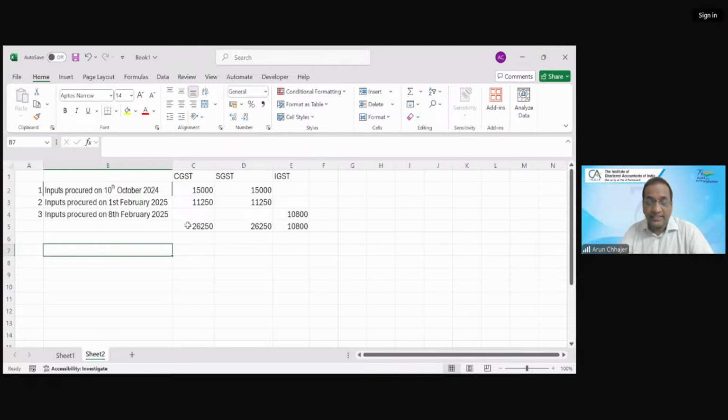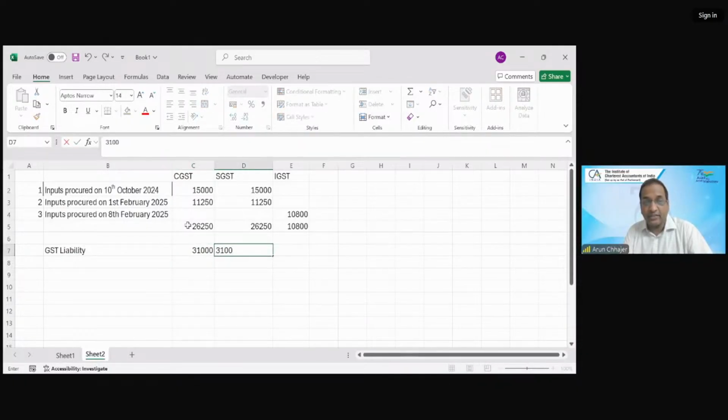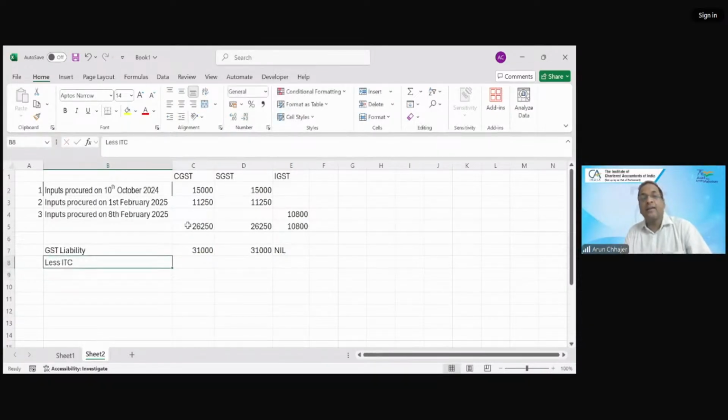This is the total ITC. Now, what is the GST liability? We all know that 31,000 CGST, 31,000 SGST. Nothing is IGST liability. Less ITC. Okay, this is the total ITC you have. Now tell me.